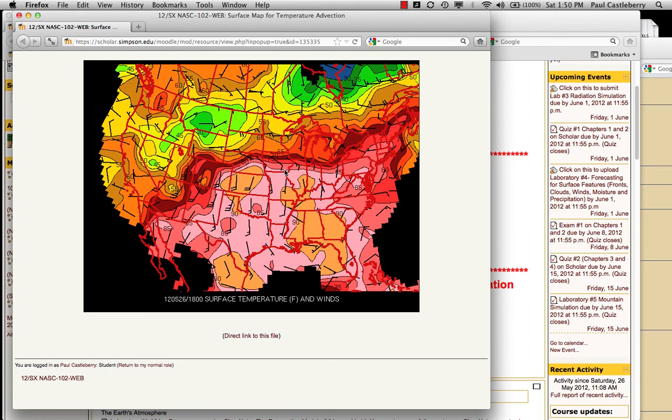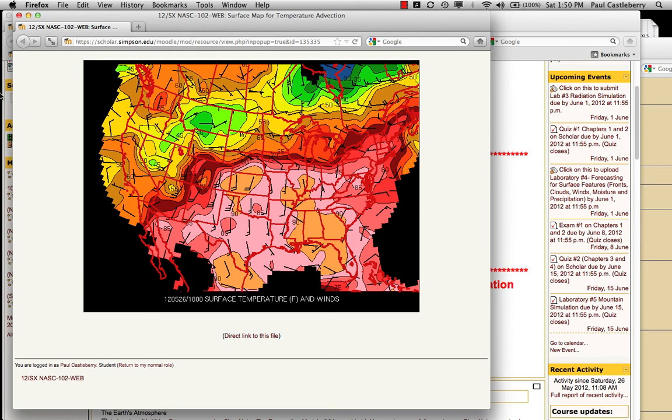So what type of advection is this? Well, I see a southeast wind here, a southeast wind here. So winds are coming from the southeast into Iowa, and it's bringing in warmer air. So that must mean we have warm advection, because we'll be bringing in warmer temperatures as we go through time.